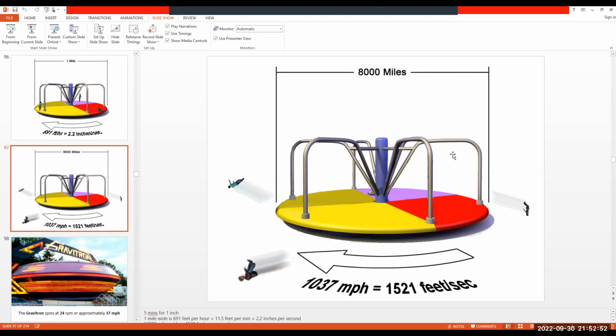And because of the size of it, for it to go once around every 24 hours, on the edge here it has to go at 1,037 miles an hour. And if you start walking in from the edge, you'll get to the middle and it's not moving at all. If you're right in the middle, standing on this post, all you're going to do is turn around once every 24 hours.